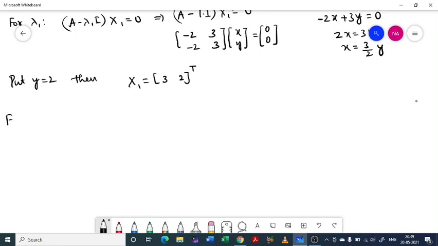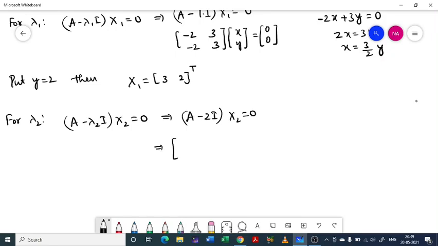Similarly for lambda 2, A minus lambda 2 I into x2 equal to 0, that is A minus 2I into x2 equal to 0, which will be actually, you have to subtract 2 from diagonal entries, right?